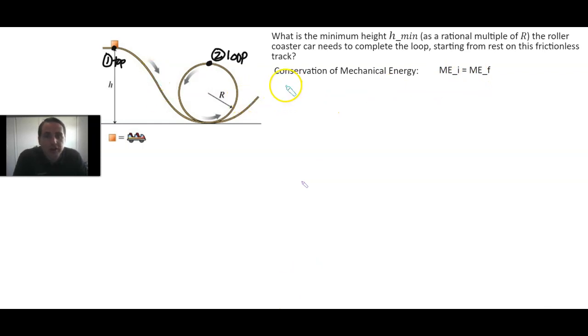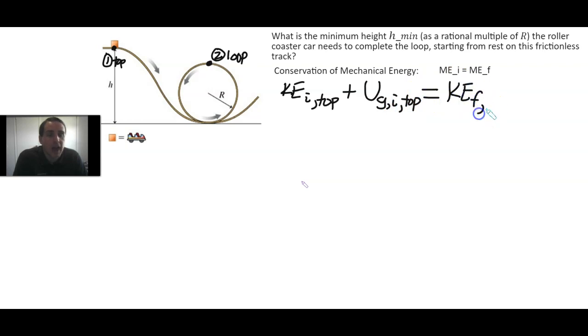So let's call this kinetic energy initial at the top. Remember, that's position 1. Plus gravitational potential energy initial at the top is equal to kinetic energy final at the loop top, so let's call that loop, plus gravitational potential energy final at the top of the loop.